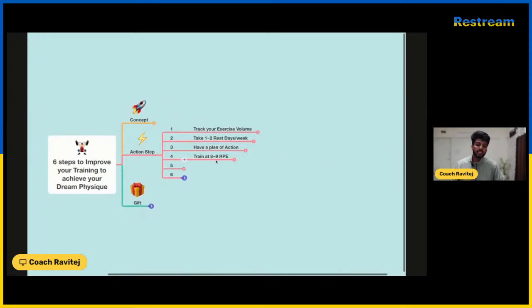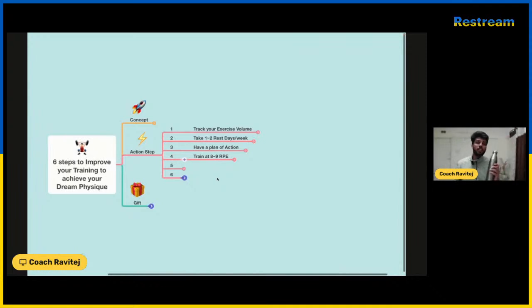The fourth one is train at 8 to 9 RPE. What does RPE stand for? RPE stands for rate of perceived exertion. Now let me give an example for this. Take the example that I'm lifting this bottle. How much energy am I putting in to lift this?